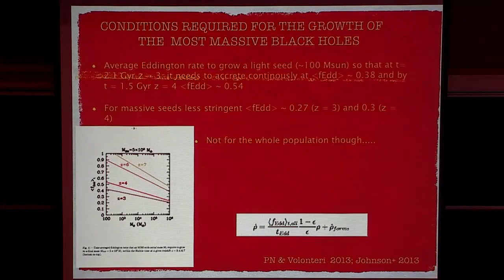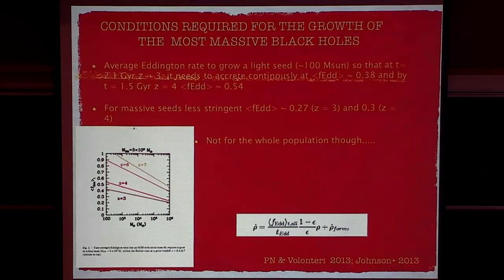So I want to close with a couple of slides. What is very interesting is that no matter what seeds you start out with, there are some very interesting insights. The average Eddington rate that is needed to grow, say, a light seed is such that you need a very continuous accretion rate of about 0.4 times Eddington. The average accretion rate has to be extremely high for light seeds.